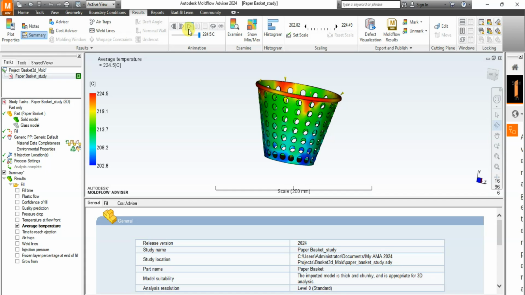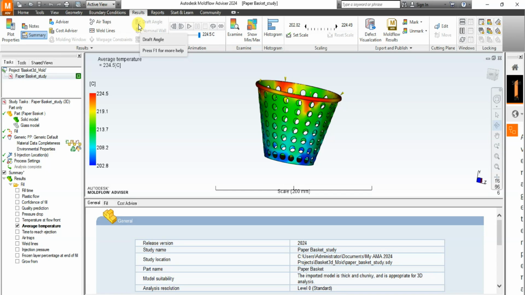Furthermore, the average temperature results should be examined in conjunction with frozen layer fraction at the end of fill results.